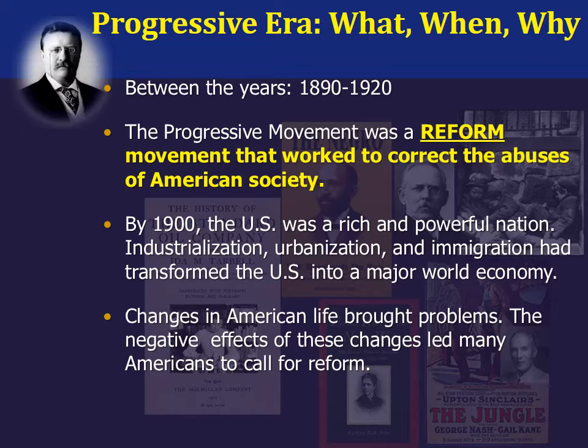Because people were making so much money during this time period, the idea was that the workers who helped establish the Industrial Revolution should be getting a piece of the pie. Unfortunately, they didn't. So as the rich are getting richer, the working class are saying, when is it my time? And this is where we start to see the push for reform. It's not about greed, but about better conditions, what unions push for, and about identity. We have an American identity, a standard of living, and people are trying to obtain it.